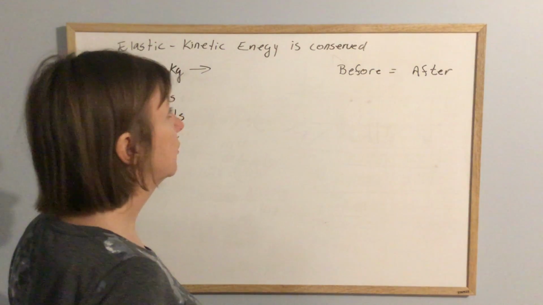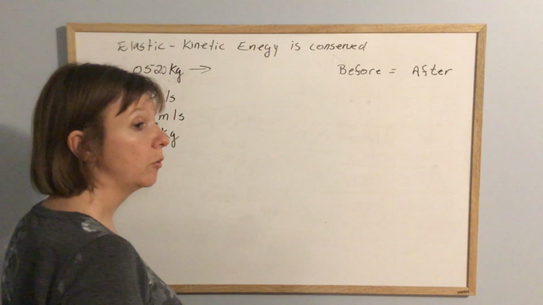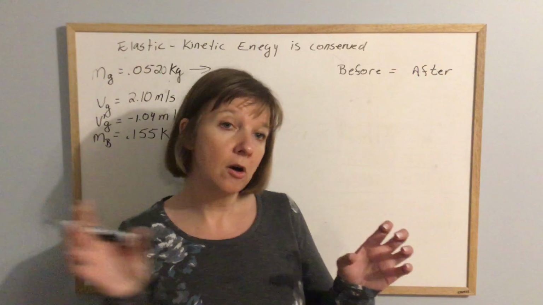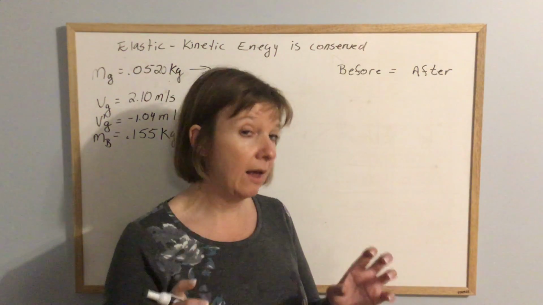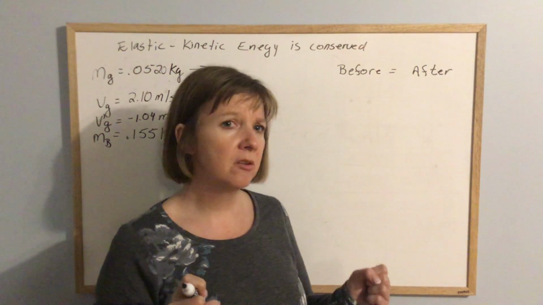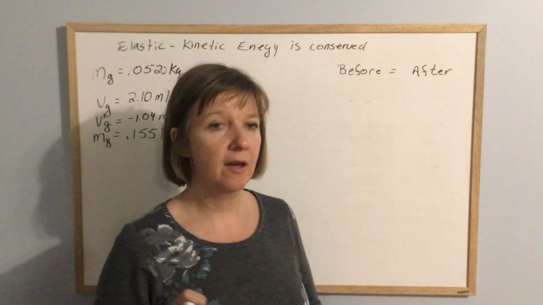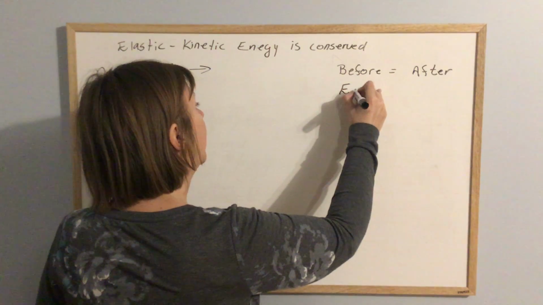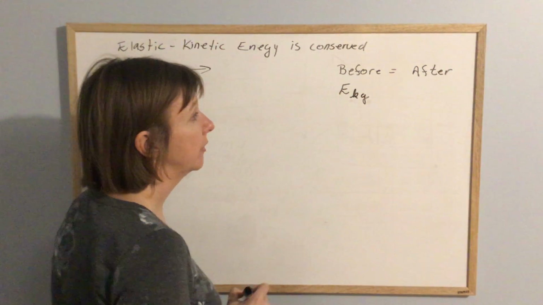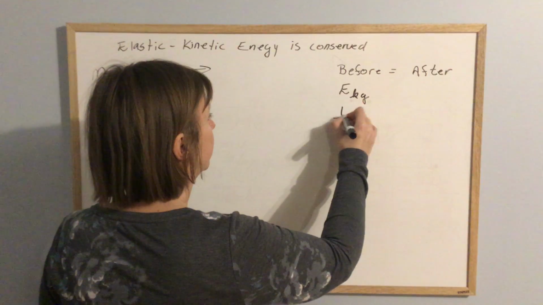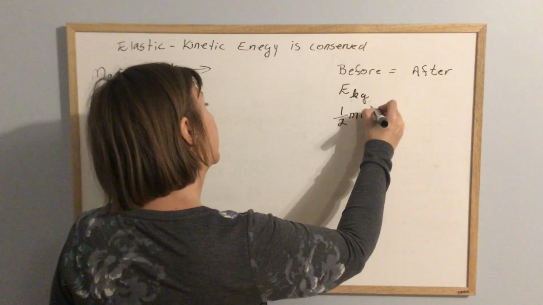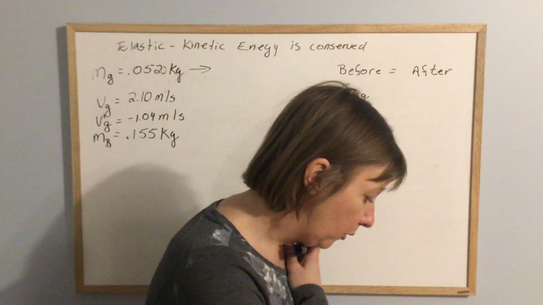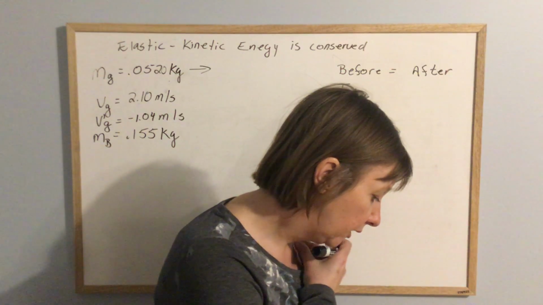So what we have to do is figure out what is the kinetic energy before and what is the kinetic energy afterwards. Well, before the collision, the golf ball is moving, which means it has kinetic energy, but the billiard ball's not moving, so it doesn't have kinetic energy. So before, all we have is kinetic energy of the golf ball. And if you think way back, kinetic energy is 1/2 mv squared, which sounds great.